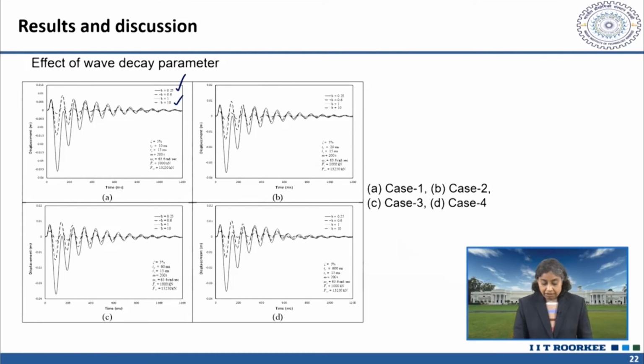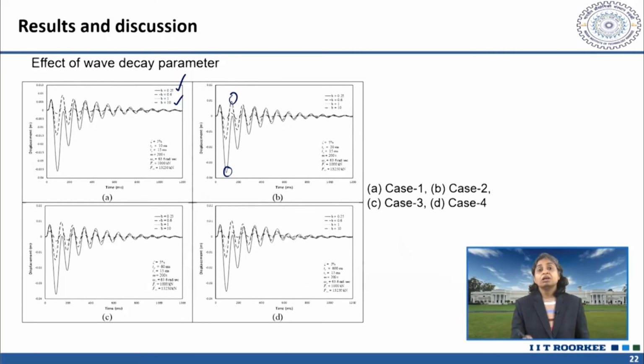We can see that the moment you increase the value of this wave decay parameter, the diminishing of this exponential wave is faster, and that is what is reflected in all these results. Again, you will see that the peaks of the maximum negative as well as the positive displacement do not necessarily occur at the same time instant for all the cases of B.